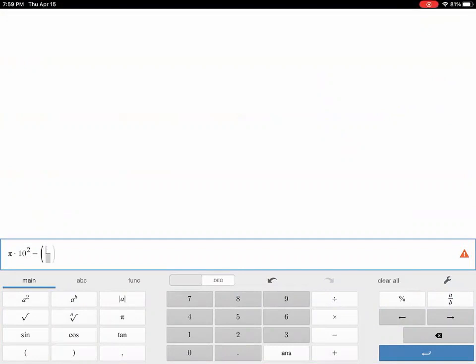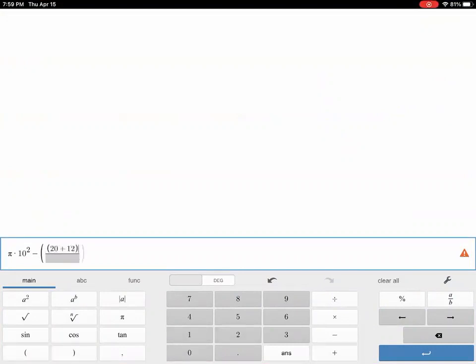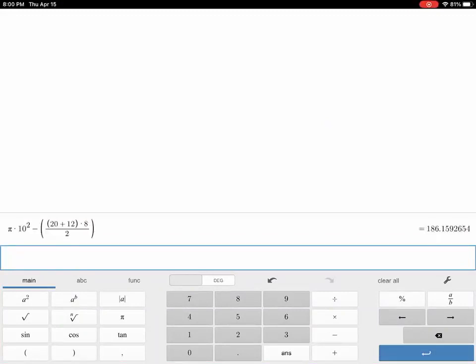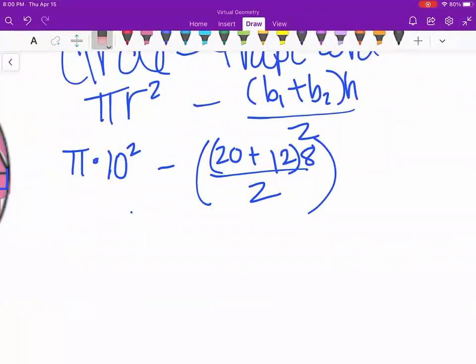So on the top, we had another little parentheses, 20 plus 12, close parentheses, times our height of 8, all over 2, close that final parenthesis, and there is our value, 186.15. So the 5 will make that 1 round up, 186.2.